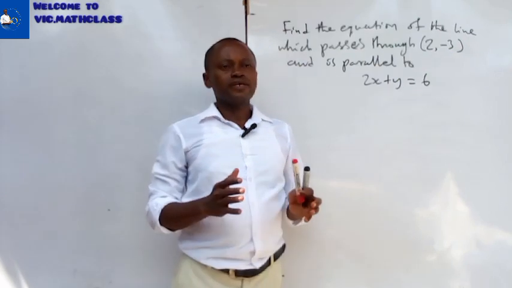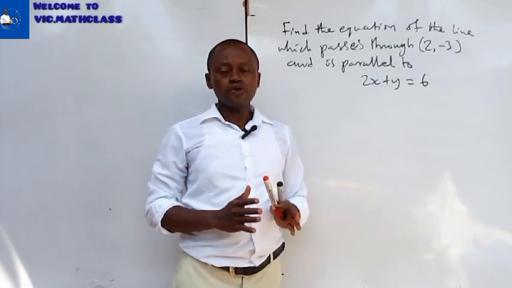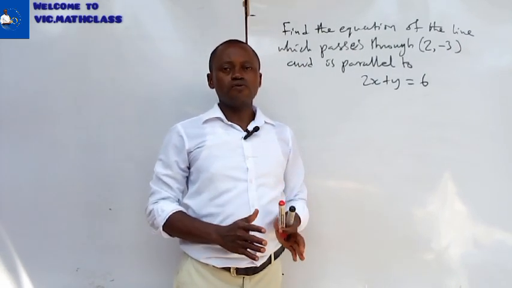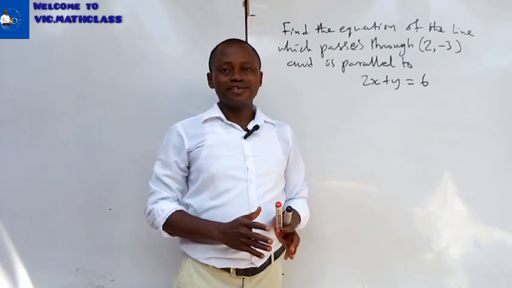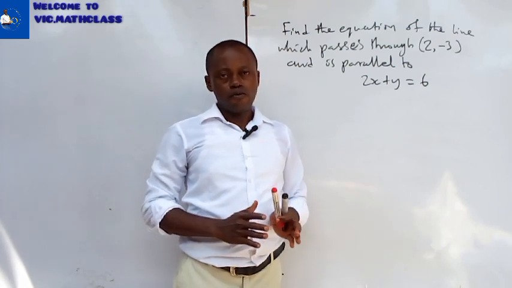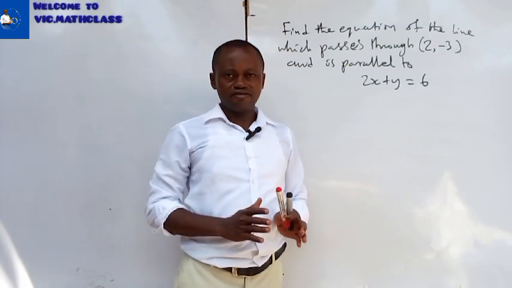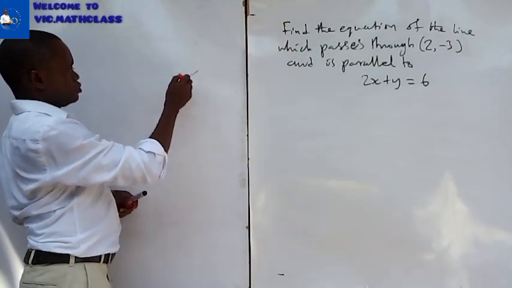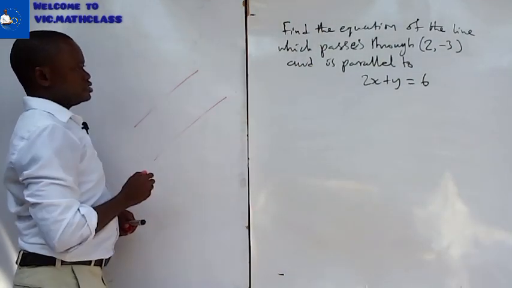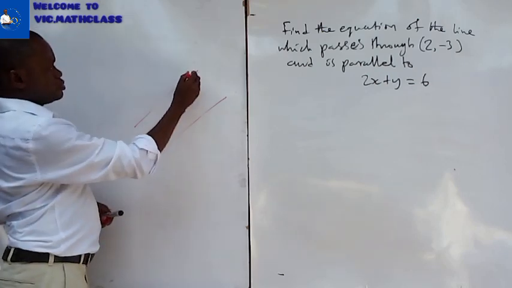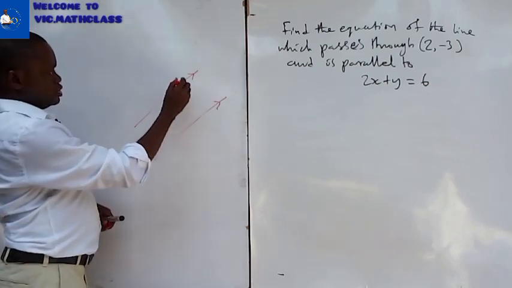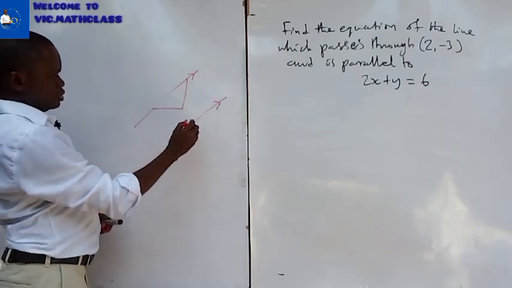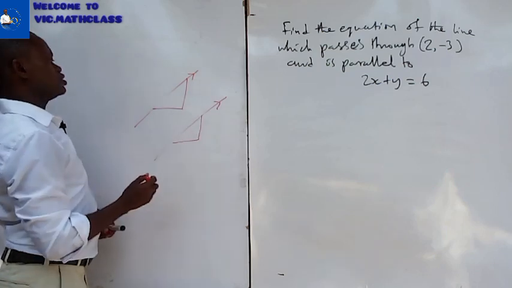when we say that two lines are parallel to each other, what we have been able to realize is that their gradients are equal. You understand what I said now? So if I have a line running like this, and this running like this, and this is parallel to this, the gradient of this line is equal to the gradient of this line.